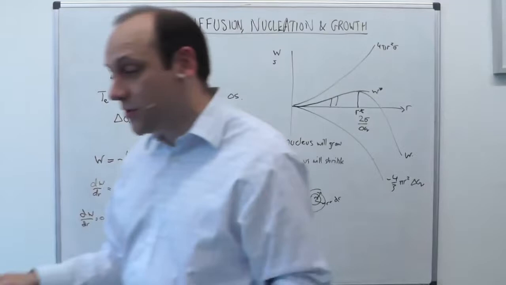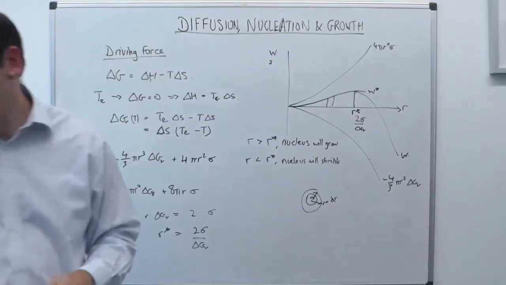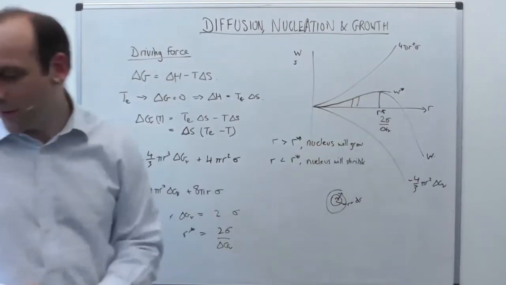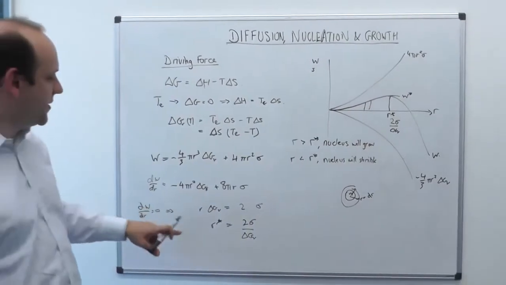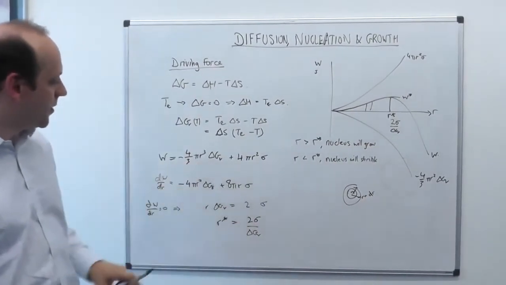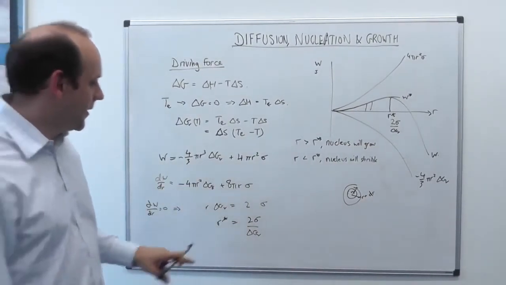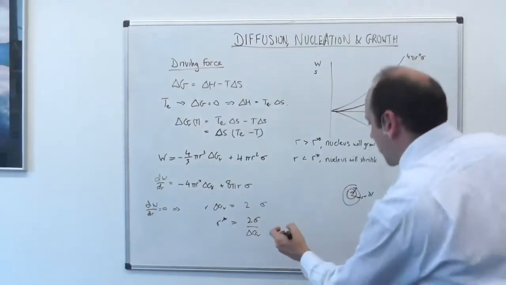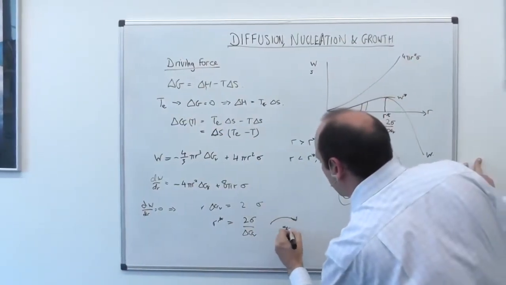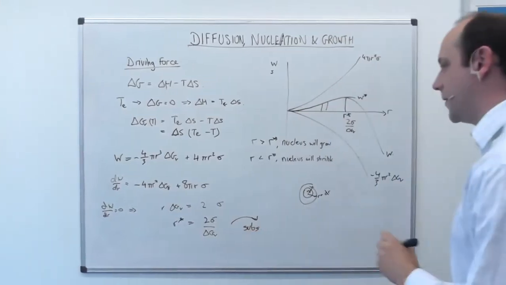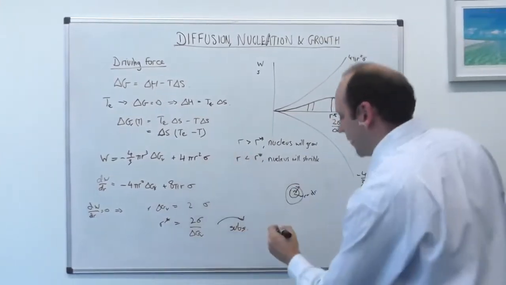And we can then substitute back in to find out what this value W star is, by substituting that back in for R into our original equation. So let's do that over here. We can substitute back into here.